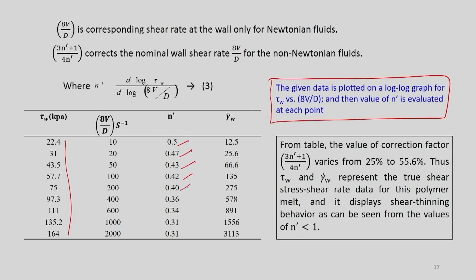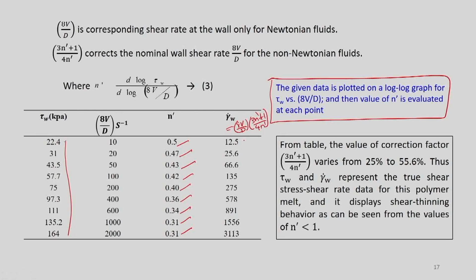So, we can see that at each value of tau W, the corresponding n prime value is changing, and it is changing drastically, from 0.5 to 0.31 as tau W changes from 22.4 to 164. Now, the corresponding gamma dot W is nothing but 8V by D multiplied by 3n prime plus 1 by 4n prime.